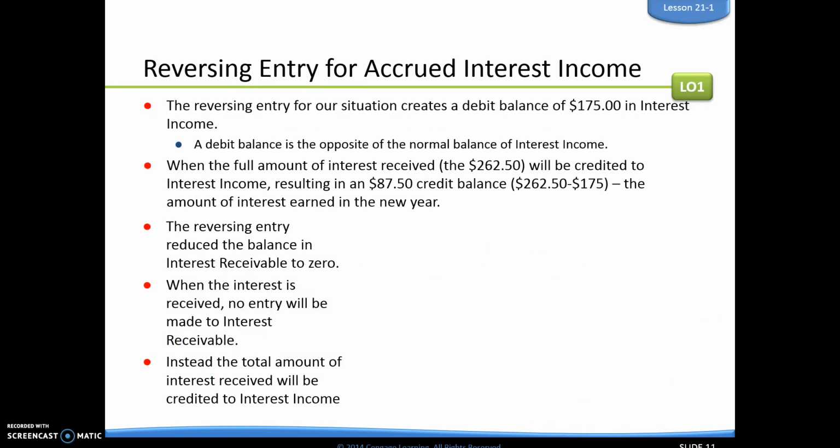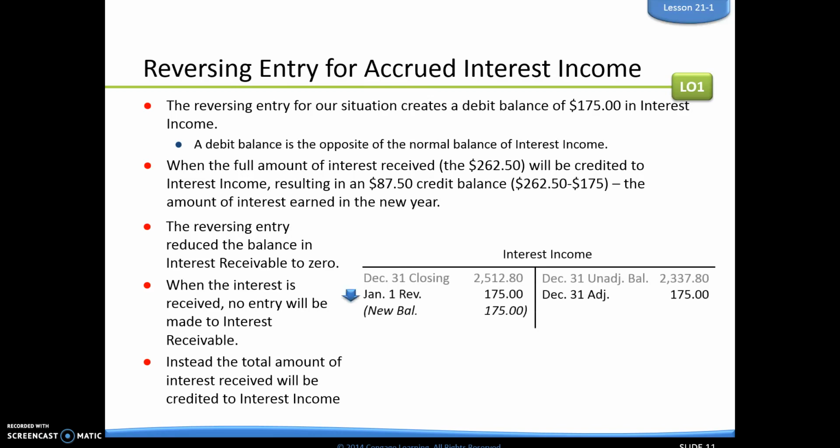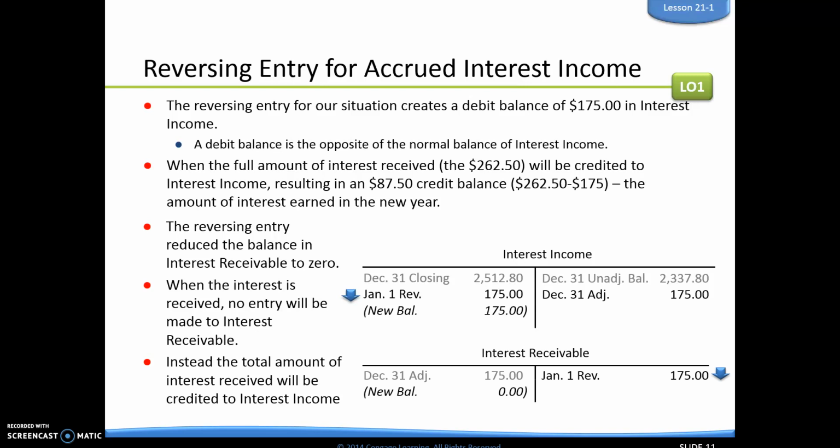Now, in the situation where our reversing entry creates a debit balance for interest income. Now, that's kind of funky because if you remember, interest income is a revenue account, which means it increases on the credit side. So we're actually creating a debit balance for that, which is very strange.